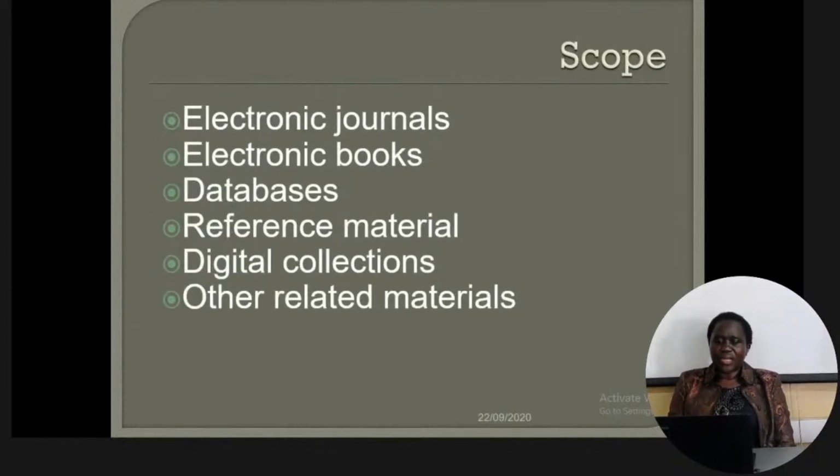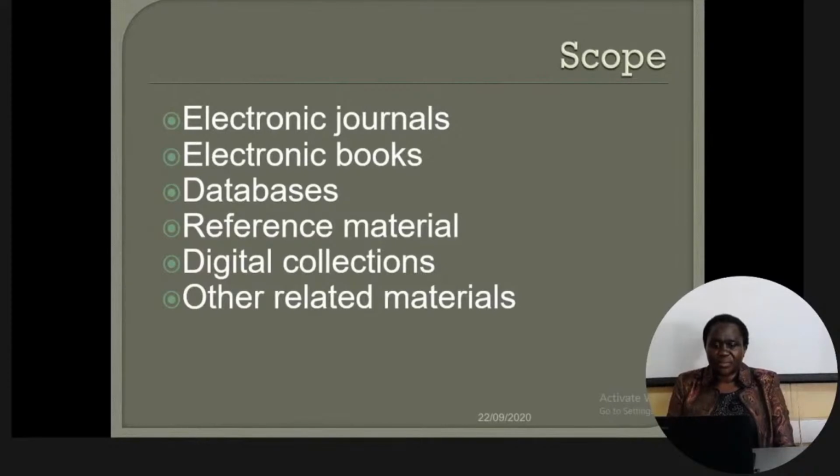And we'll look at the scope of online resources to know broadly what can be included. So when you're online, you can find electronic journals, especially because you're a student. I'm sure you're familiar with these. You can find electronic books.